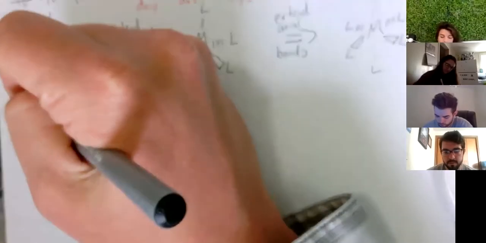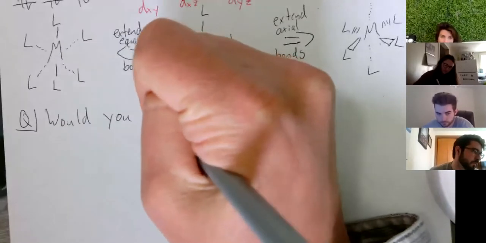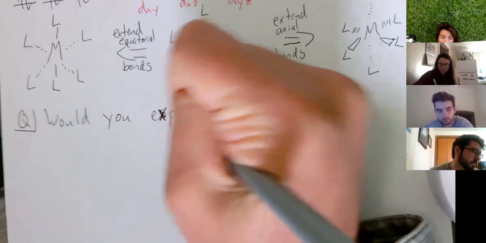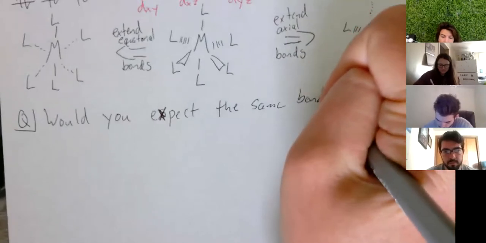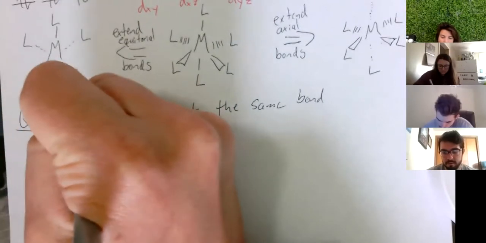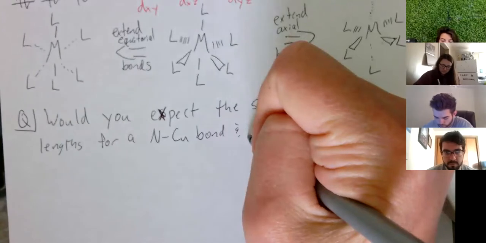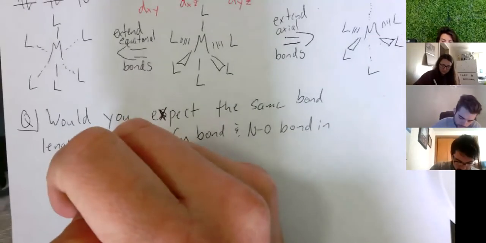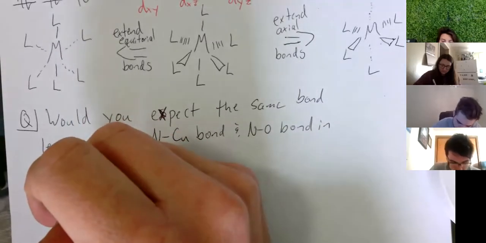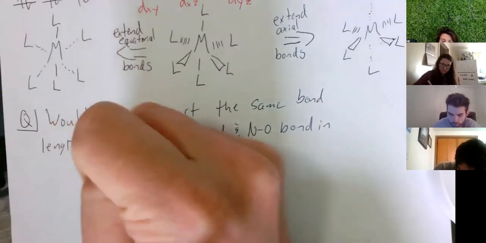So would you expect the same bond lengths for an N-Cu bond and an N-O bond in this complex?